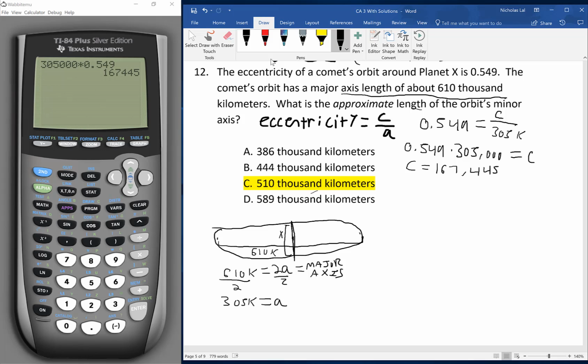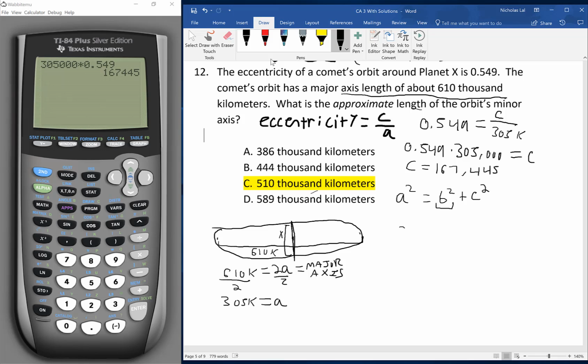So now we need to use the Pythagorean relation of the ellipse. So our Pythagorean relation for an ellipse is that a squared is equal to b squared plus c squared. But here we need to solve for b.